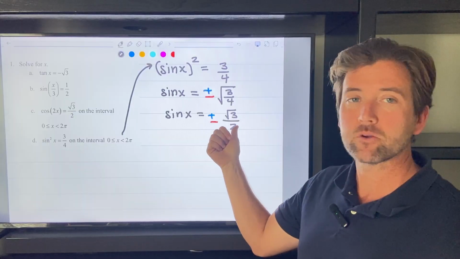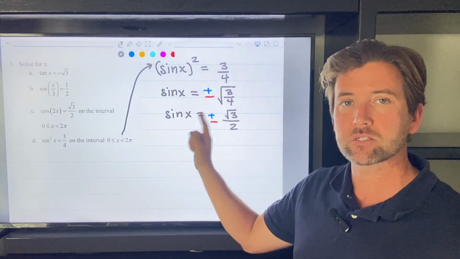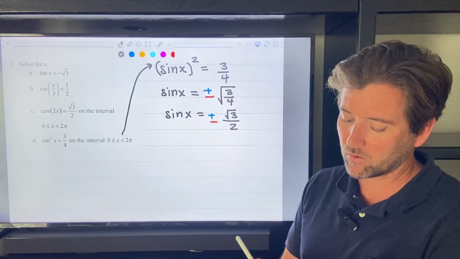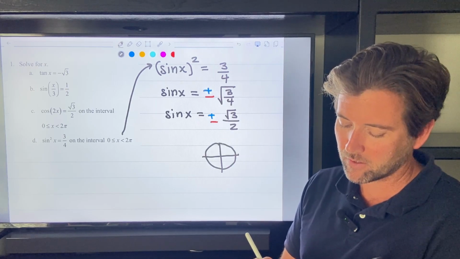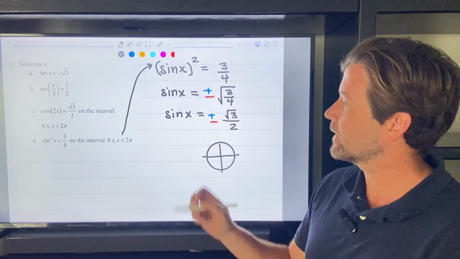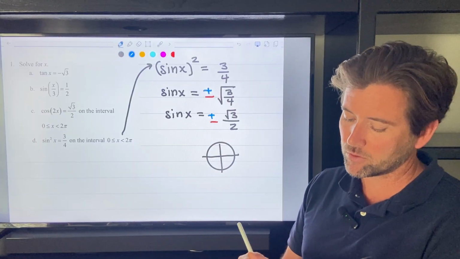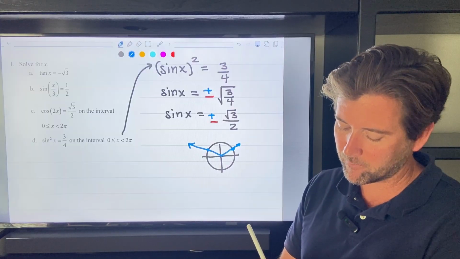Now, we're familiar with this value on the unit circle. If not, we'd have to take the arc sine of both sides. But we are familiar with this value. So I'm going to go ahead and graph the points on the unit circle that have a y-coordinate, I'm saying y-coordinate because sine of x represents the y-coordinate on the unit circle, of square root of 3/2. That's right here and right here.